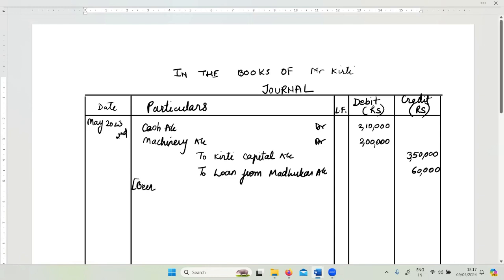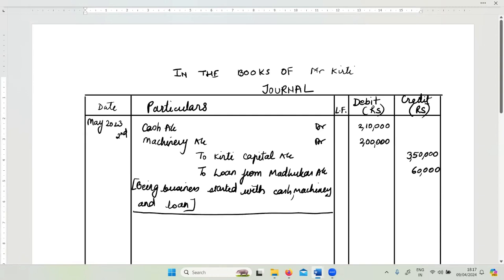Being business started with cash, machinery and loan. This is how I narrate this particular transaction. Close this particular transaction in the journal.